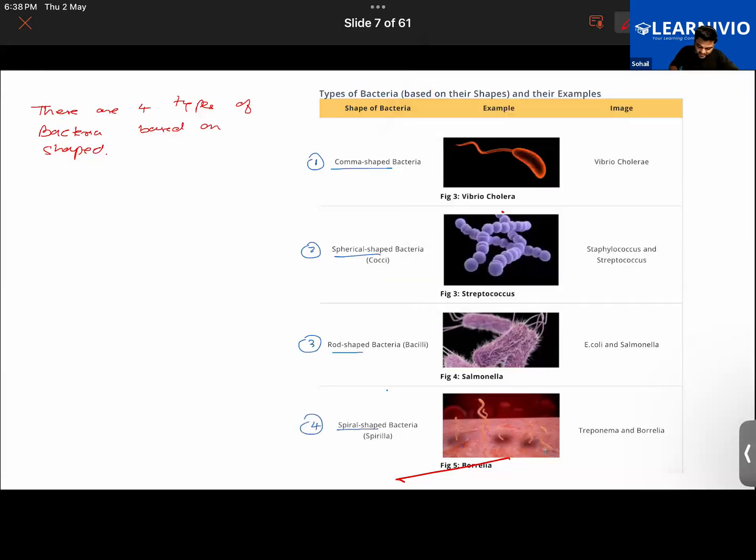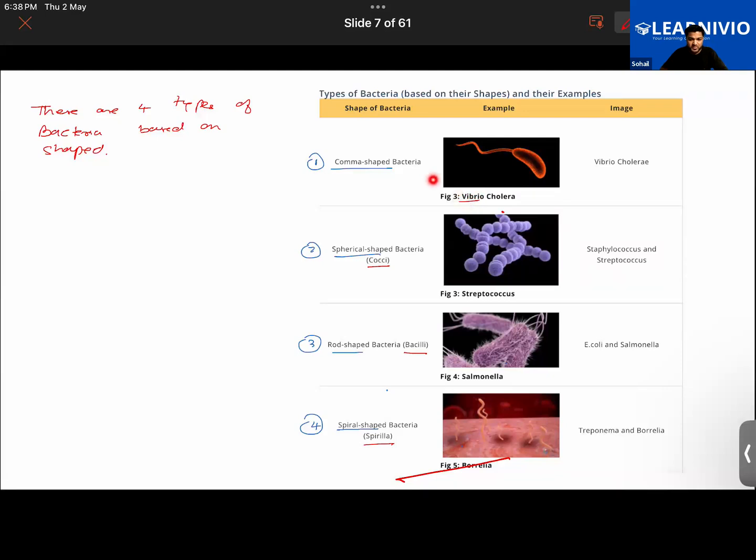And what you are seeing here, this vibrio, this cocci, this bacilli, this spirilla, these are the names of those bacteria that are having this kind of shape. Try to understand. Whether it be Vibrio cholerae or Vibrio something else, all of them will be having this name Vibrio in them because of their comma shape.